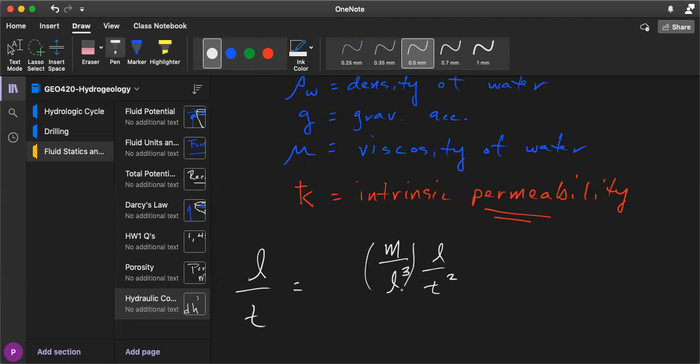Okay, so this is density, we got gravity. Anybody list off the unit of viscosity really quick?